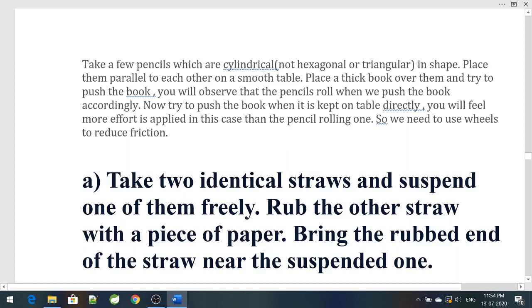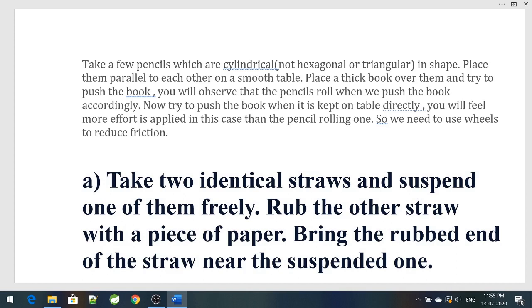Now one more way of reducing friction is, you have to take a round pencil. Round pencil means cylindrical pencil. It should not have any edges. And that's why they have written not hexagonal or trigonal. Just place the two pencils horizontally and place the book upon it, and move it.